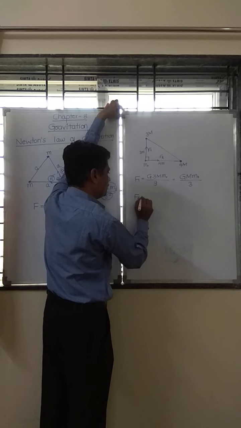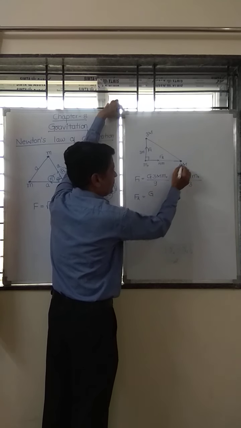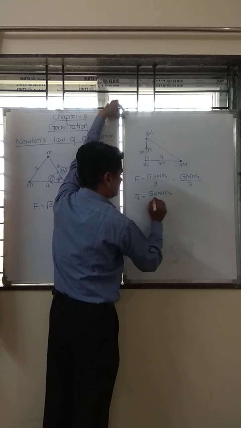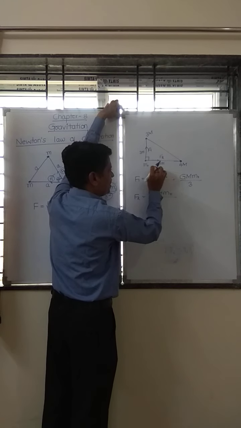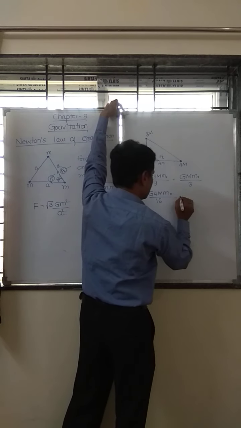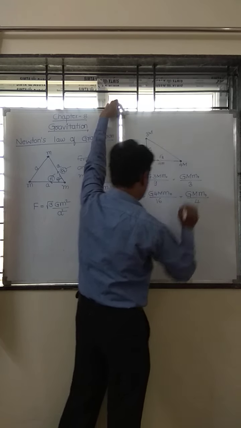And F2 is equal to capital G, 4m into m naught, divided by distance square, which means 4 square is 16. 4 ones are 4, 4 fours are 16. So directly I can say capital G, capital M, m naught by 4.